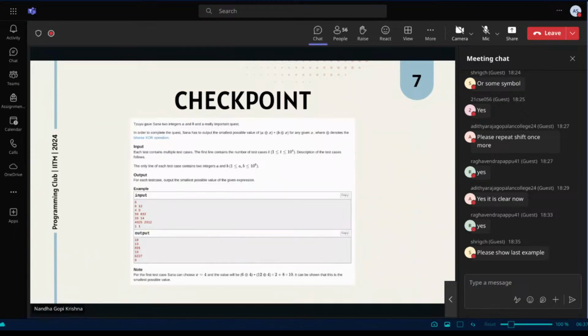Find the smallest possible value of a XOR x plus b XOR x for any given x. So you have to find an x such that a XOR x plus b XOR x is a minimum. Then you have to output the minimum value. So over here, the value of x equal to 4 gives a minimum value of 10. So you have to output 10. So write the code that you would use to give the answer in the chat.